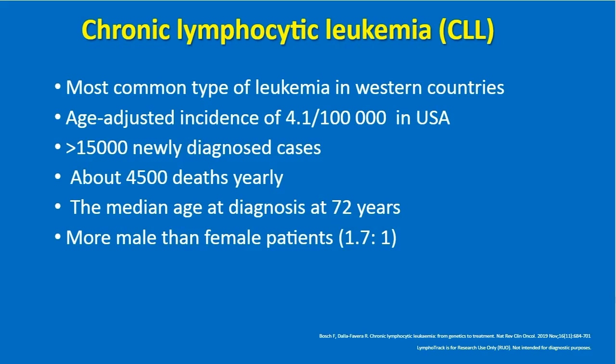One of the hallmarks of CLL is that the median age at diagnosis is 72 years. That's why CLL is often termed a disease of the aging. Another interesting observation is that there are more males than females in this patient cohort.